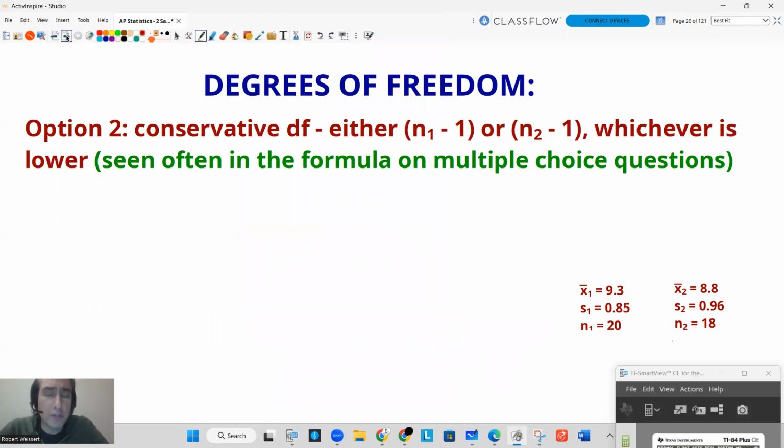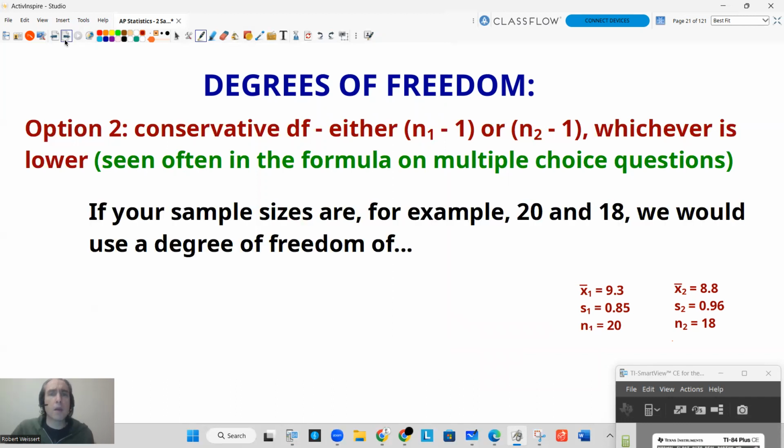Now, if you're doing this by hand, which you may see in multiple choice questions, with the T-star and the test statistic worked out by hand, then they may use the more conservative approach to the degree of freedom. On a free response, I would shy away from using it, but you might see that happen on a multiple choice question. So here's how it goes.